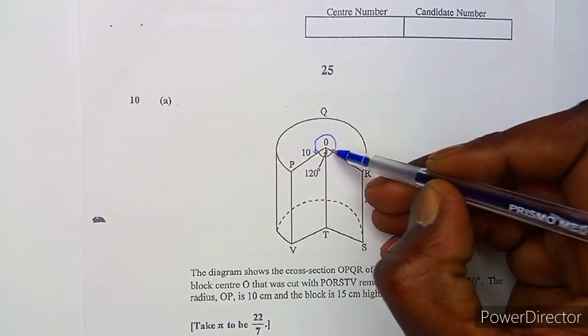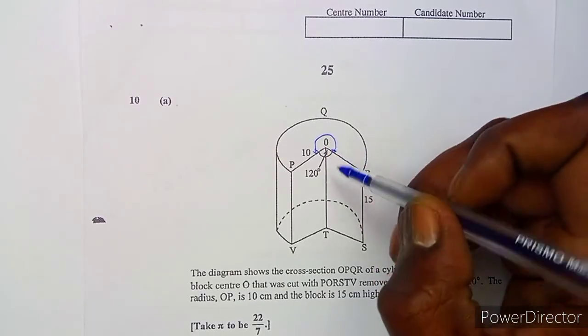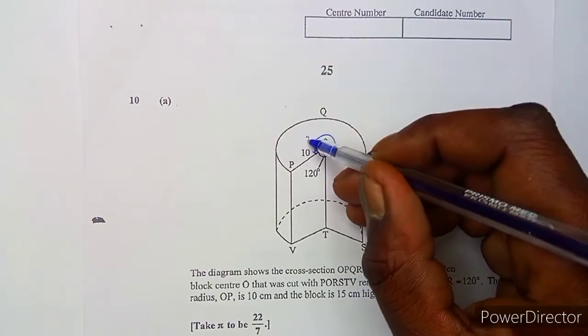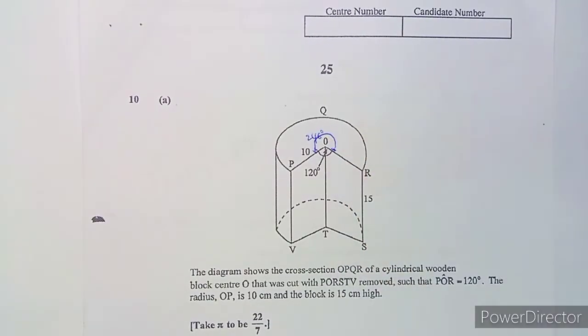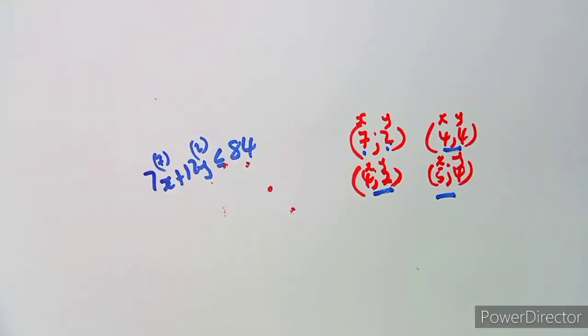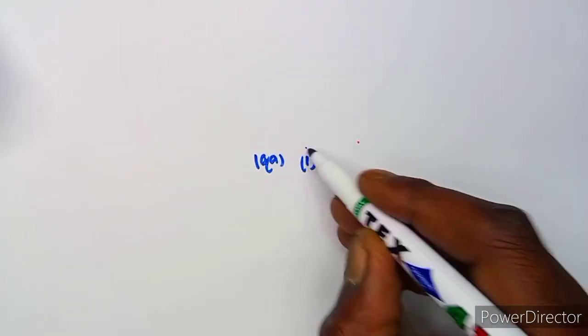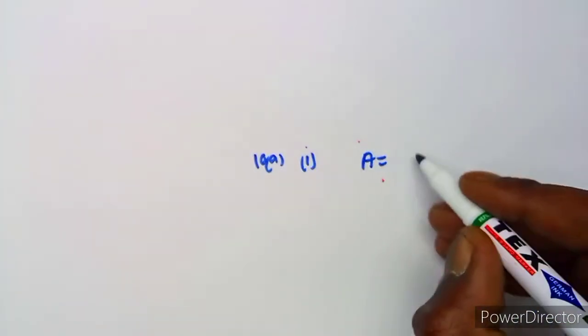We know that angles at a point add up to 360, so we subtract this from 360. That's 240, so this is 240 degrees. The area of a sector we can take from the area of a circle, which is pi r squared. So the area of a sector is theta over 360 times pi r squared.